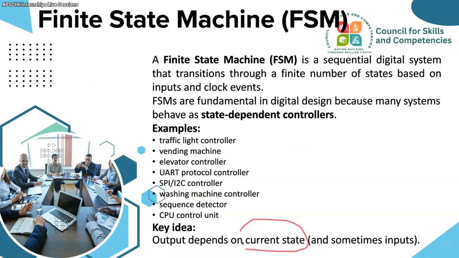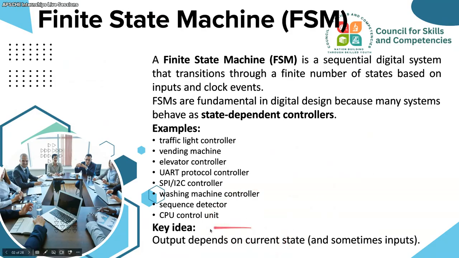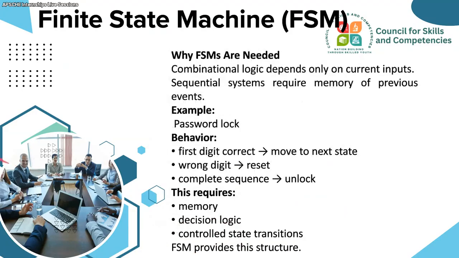Anyhow, it is going to depend upon the state, and sometimes upon the input also. So on this state, depending on the input, the output may change, or the output might stay the same. So depending on these three factors, we have Mealy and Moore machines. You will come to know it after a while.